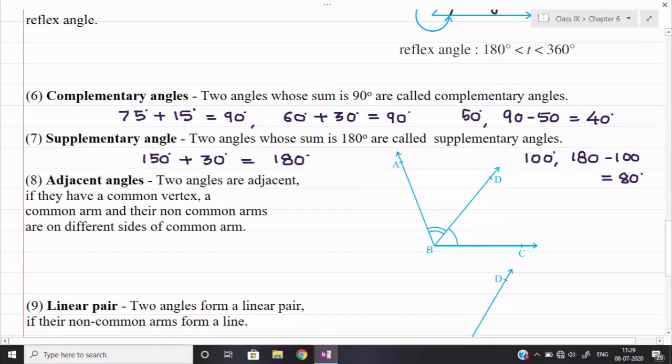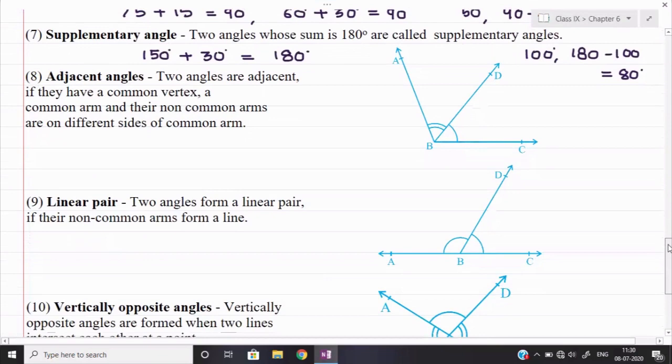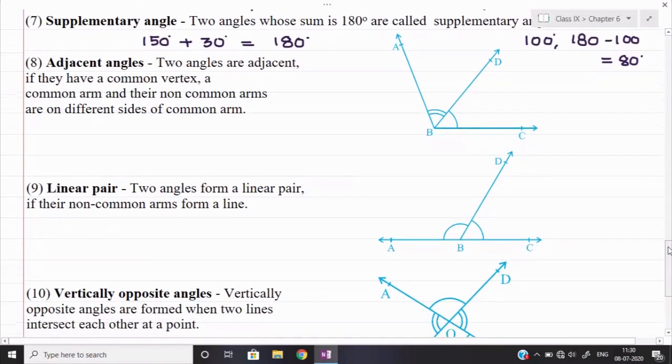The next definition is given. It is a little confusing, but if you see it carefully, then I don't think you will be confused in the future about this definition. Okay, the definition is given. Definition number 8, adjacent angle. So what is an adjacent angle? Two angles are said to be adjacent if they have a common vertex.